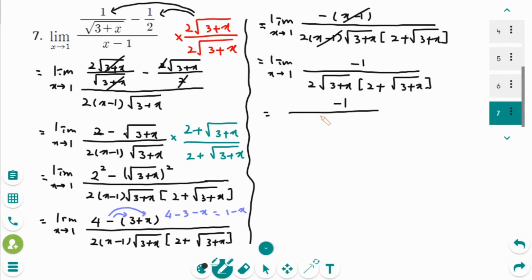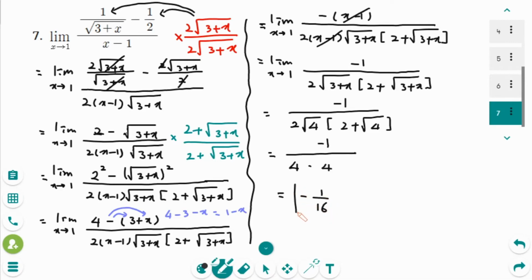So minus 1 here, and 2 times square root of 3 plus 1, which is 4, times 2 plus the square root of 3 plus 1, which is 4. Minus 1 over 2 times 2, 4 times 2 plus 2, which is 4. So the final answer is minus 1 over 16.